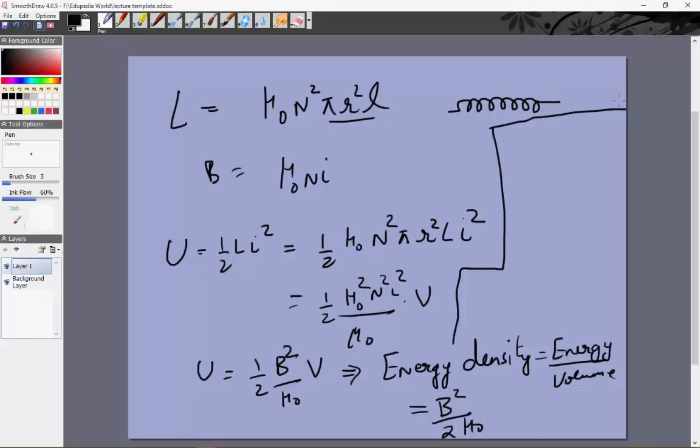When we saw capacitors, we saw the energy stored in a capacitor and we knew the volume of a capacitor, and from that we deduced the energy density due to the electric field. Small u is used for energy density, capital U is generally used for energy. uE, the energy density of an electric field, was half epsilon naught E square. uB, the energy density due to magnetic field, is half, with mu naught in the denominator, B square.